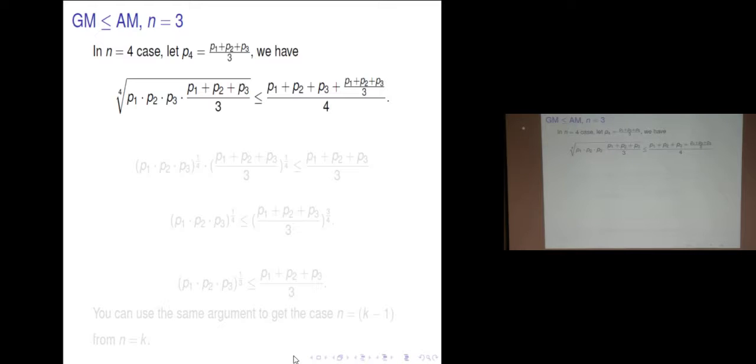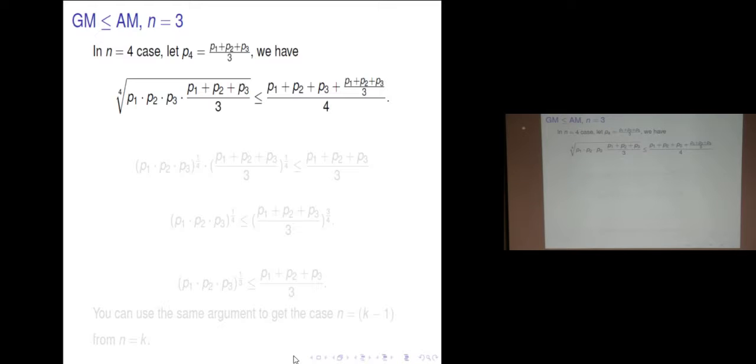In the formula for n equals 4, I replace the last number, p4, by the arithmetic mean of the first 3 numbers. Let p4 be p1 plus p2 plus p3 divided by 3.